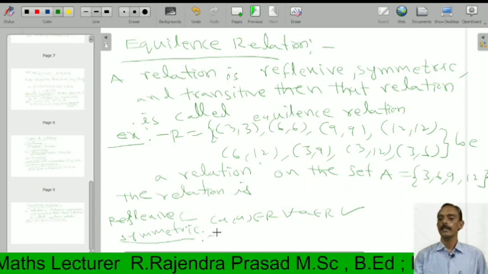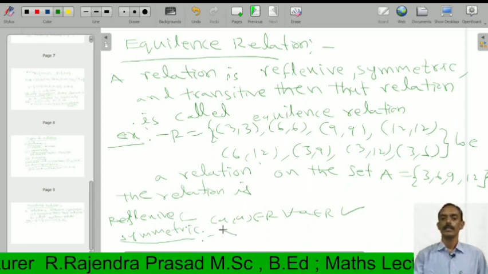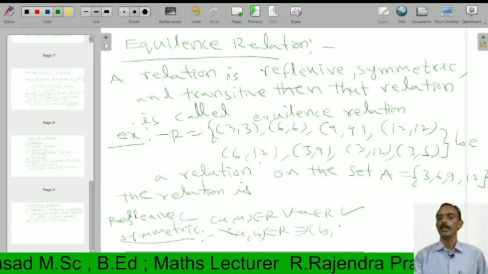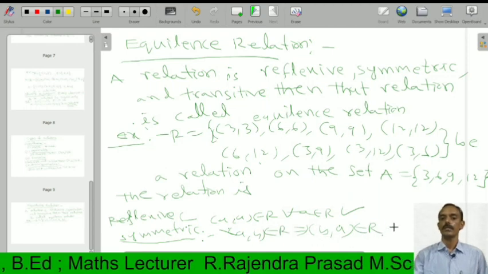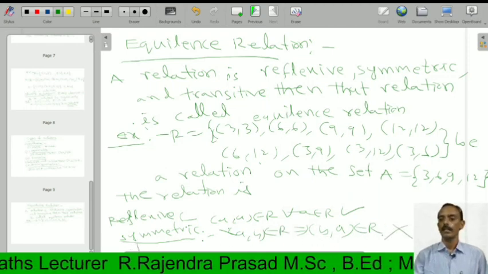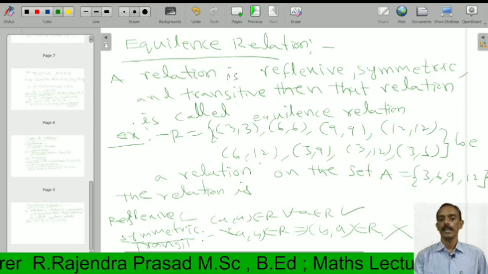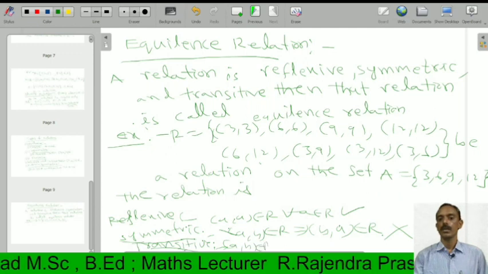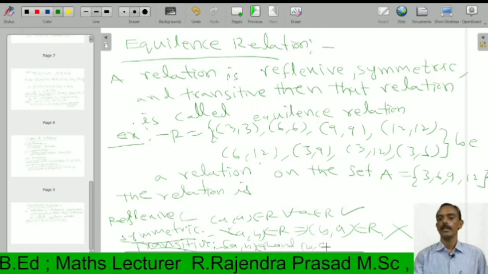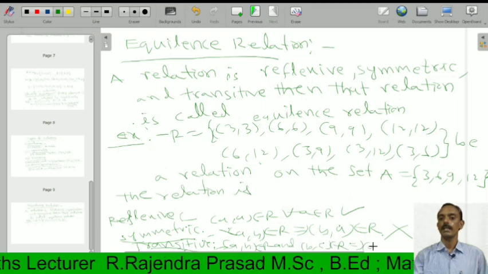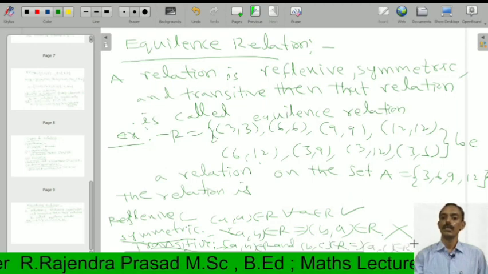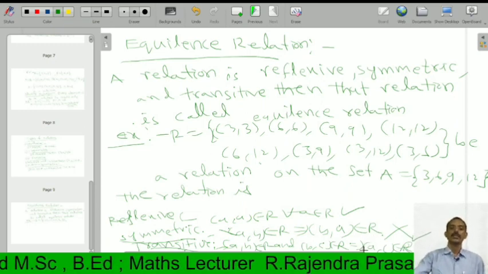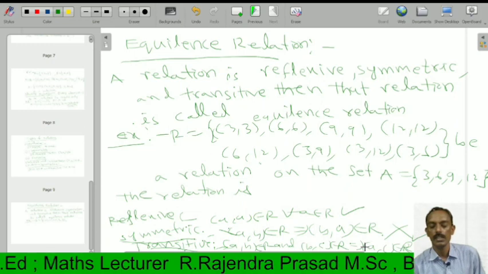Symmetric means if (a, b) belongs to R, then (b, a) does not belong to R here. And transitive: (a, b) and (b, c) belong to R implies (a, c) belongs to R. Here reflexive and transitive are possible. Symmetric is not possible.